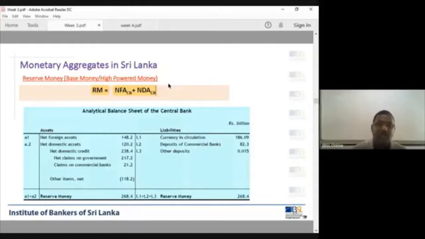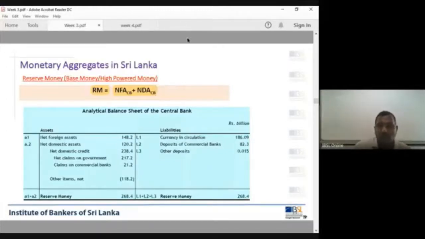As a result, the money circulation in the economy has increased by this amount. So I hope you now have a theoretical understanding of how money is created and how the central bank can pump new money into the economy: either through foreign assets, or through domestic assets, which is basically giving loans to the government.